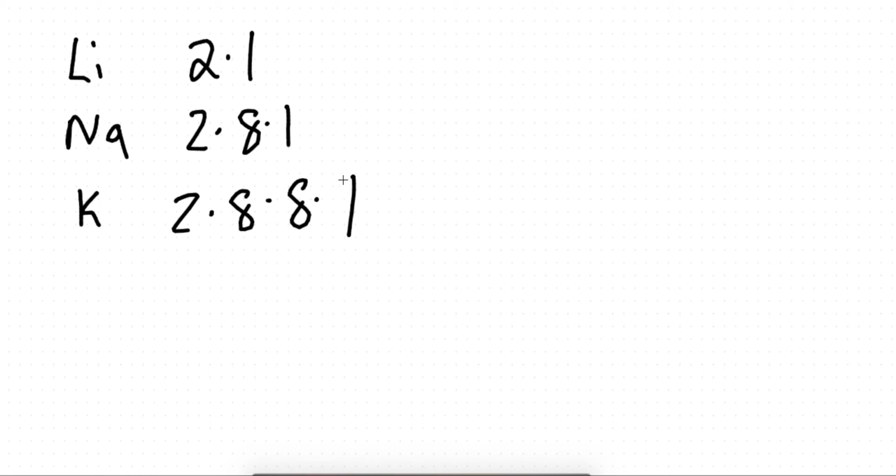So in order to be stable, they need to not gain 7 electrons but lose 1 electron. You get it, guys? So reactivity for group 1 elements is the ability to lose that 1 electron in the valence shell. And as we go down the group, reactivity increases.